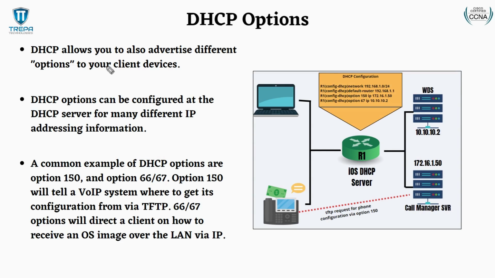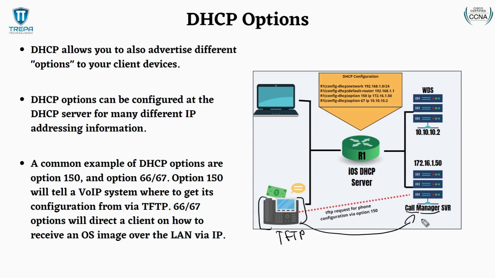Okay, now let's go over the DHCP options. So DHCP does allow you to advertise different options to your client devices, meaning if your client needs something specific. A great example of this is Cisco VoIP phones. Cisco VoIP phones need to use TFTP when they boot up to get their configurations or their boot file from a call manager server. Now we're talking Cisco, so that's the environments I worked in.